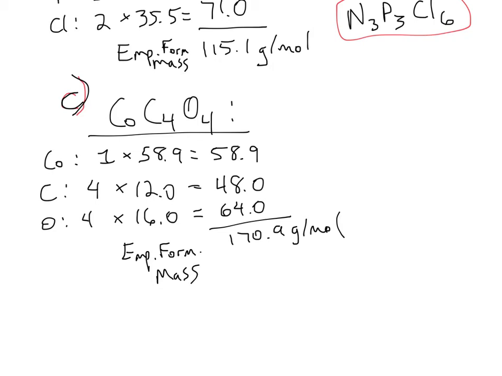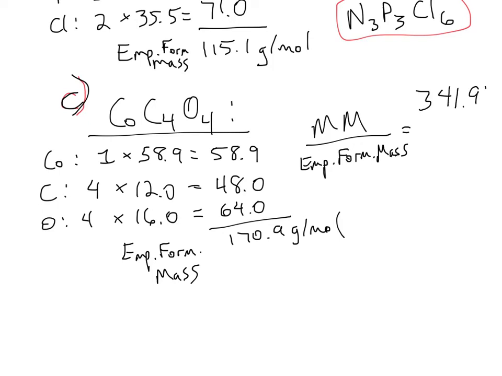And then if we divide molar mass by empirical formula mass, you should get a whole number. They provided a molar mass of 341.94, and the empirical formula mass that we found was 170.9. That works out to be almost 2 right on the nose.